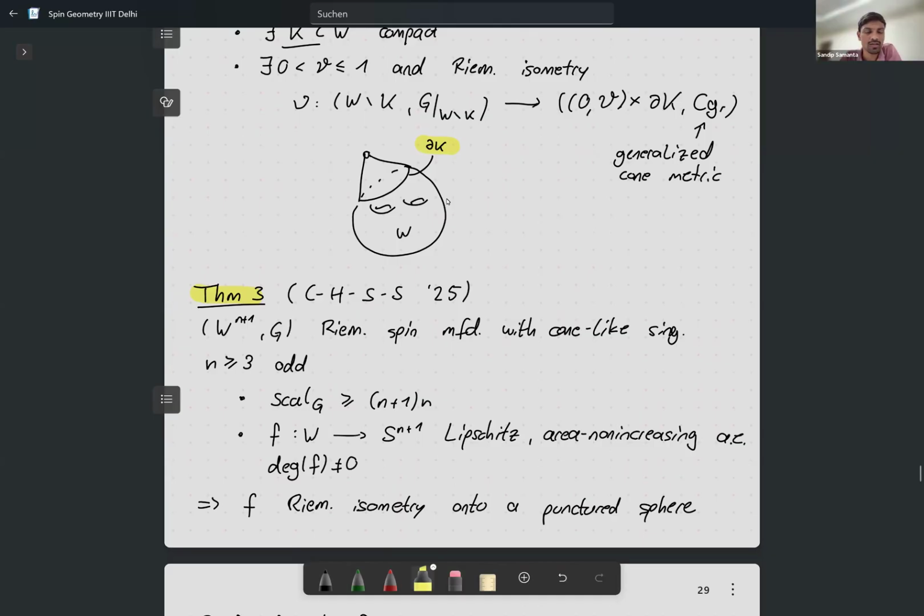Okay. And on the punctured sphere, how do you define the metric? Is it the restriction of the round metric, or how is it defined?